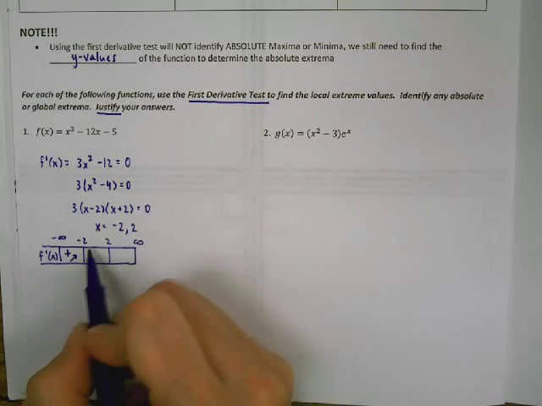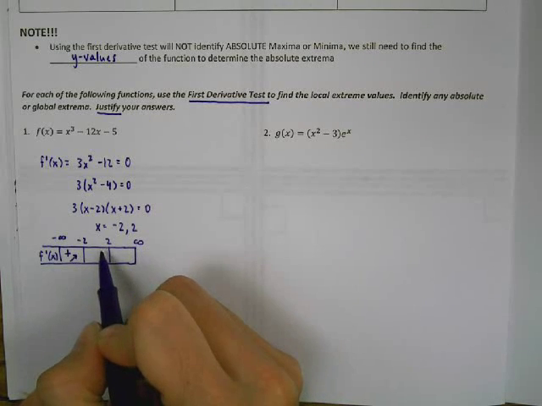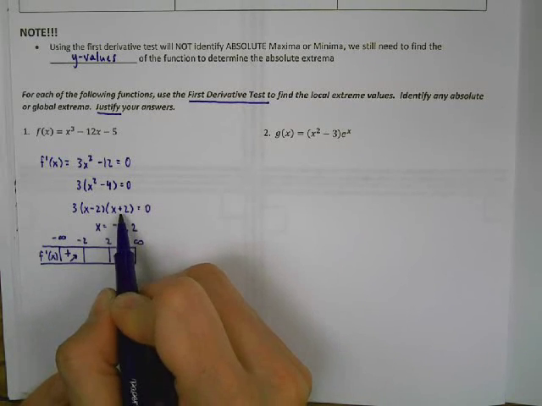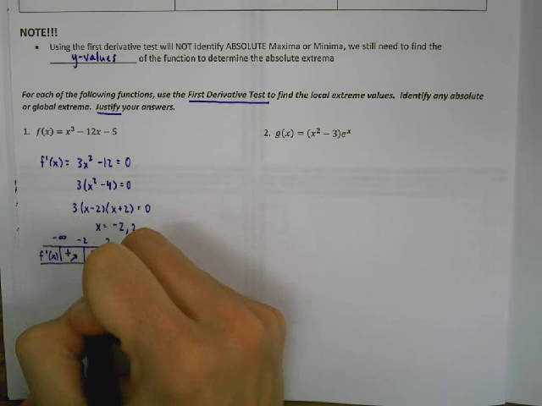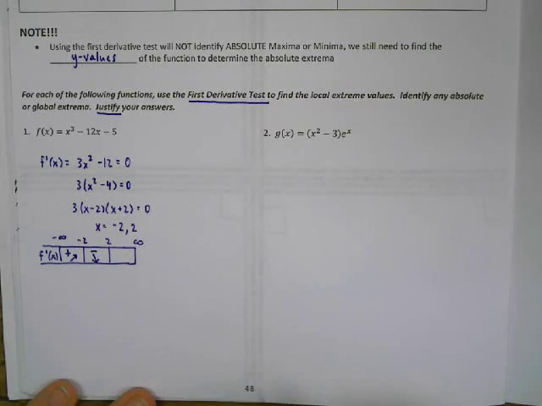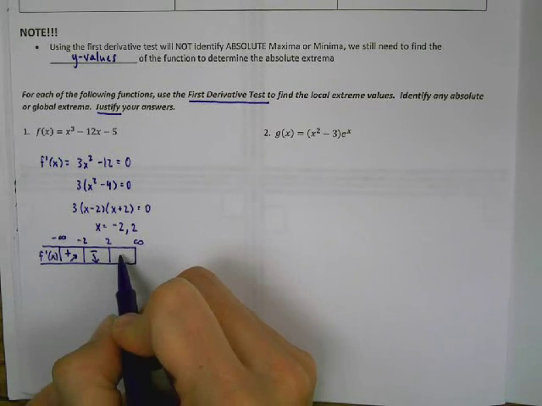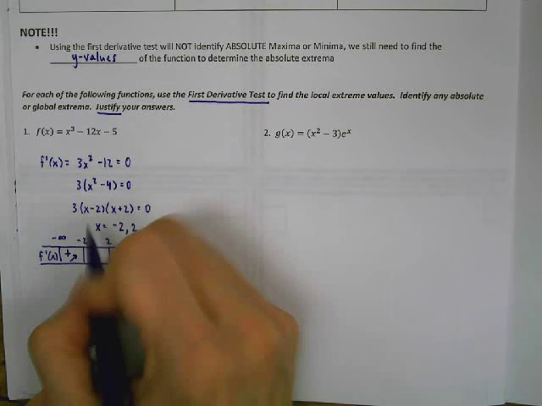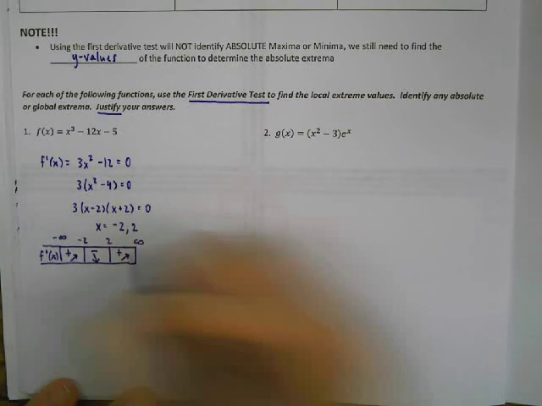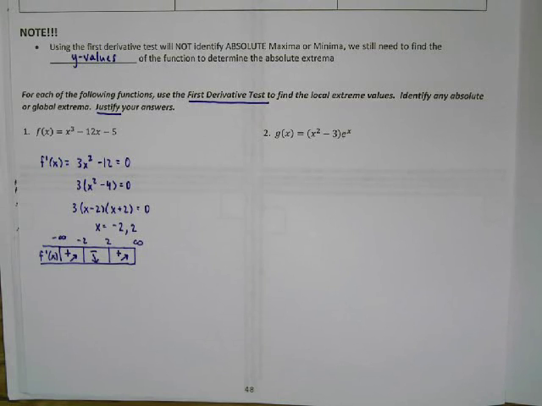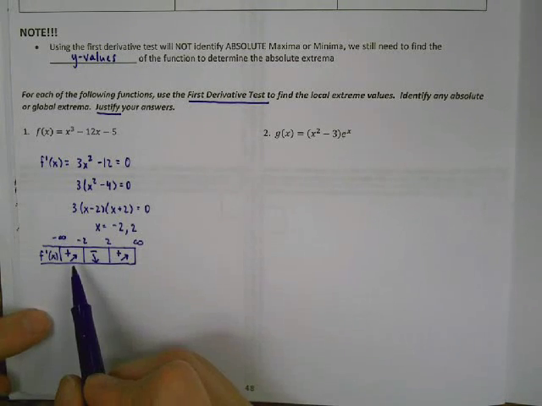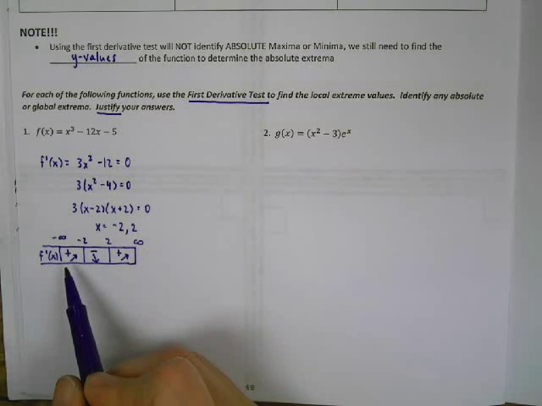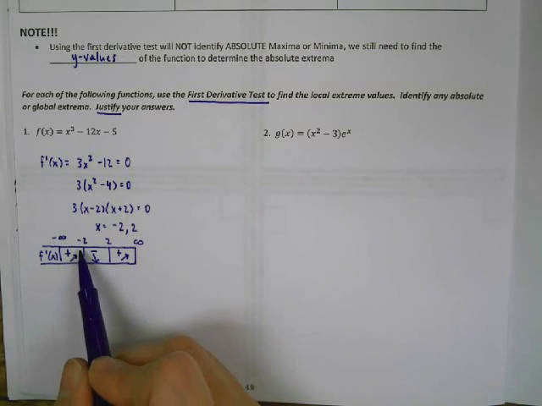F is increasing. Between negative 2 and 2, I'm just going to pick 0, so I'd have a negative times a positive, which is going to give me a negative for that interval. And then something greater than 2, say 3, I'm going to get positive times a positive, and so I'm going to be positive there.